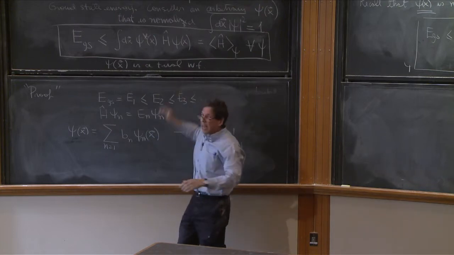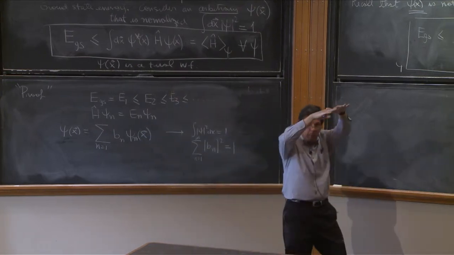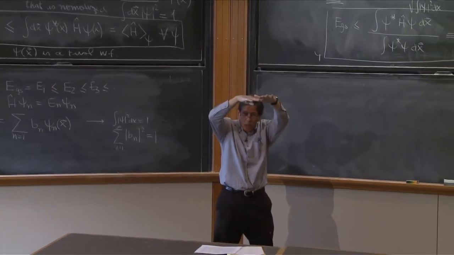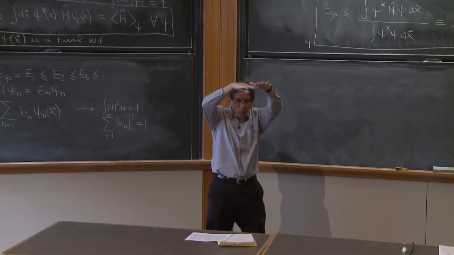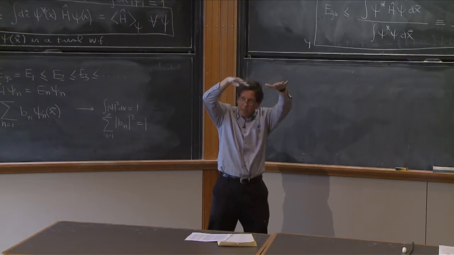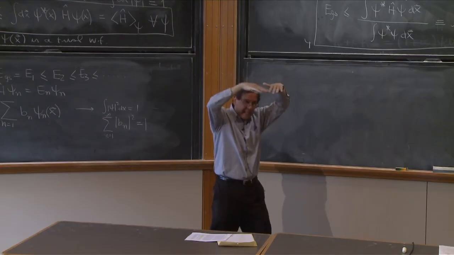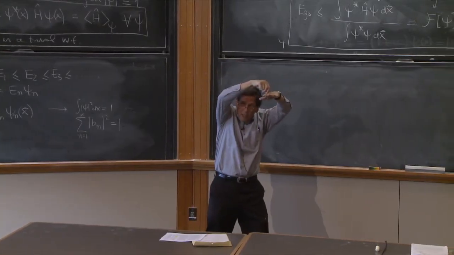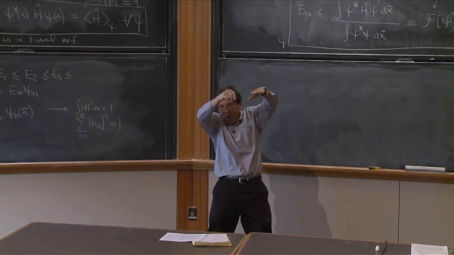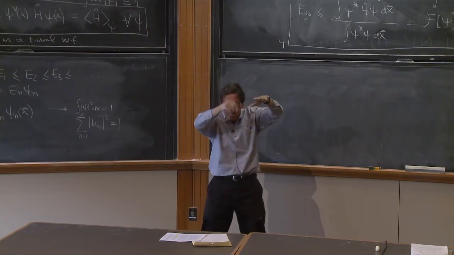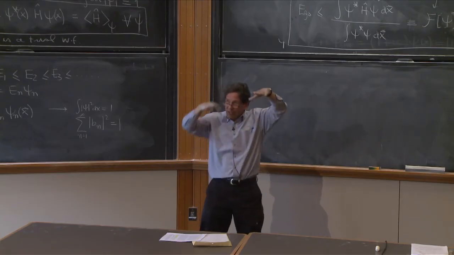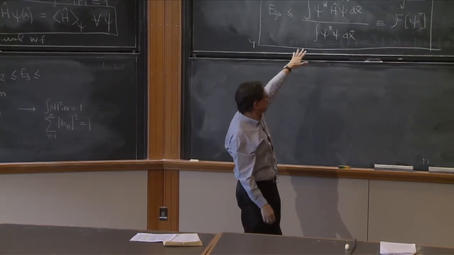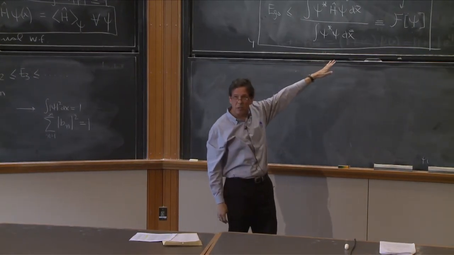The first excited state is another critical point, but it will not be an absolute minimum. It will be a saddle, an infinite dimensional saddle, in which there are infinitely many directions in which you go up. There's one direction in which you go down because you could flow towards the ground state. So the first excited state is a saddle, but these are all stationary points of this functional.